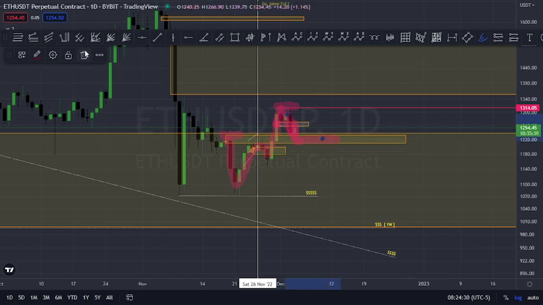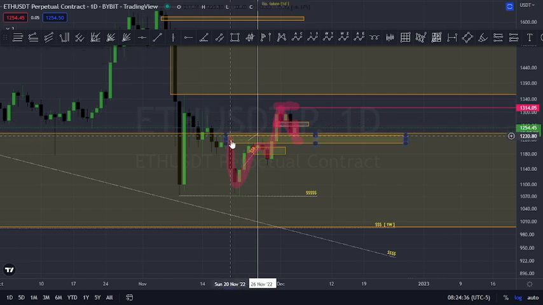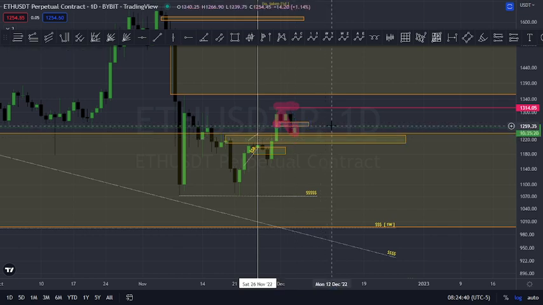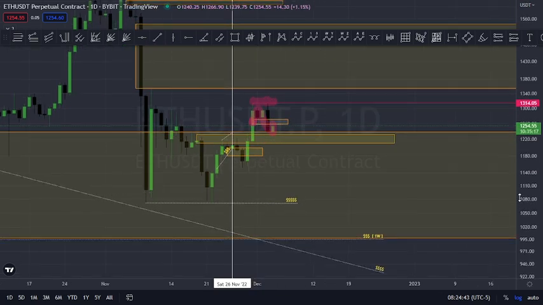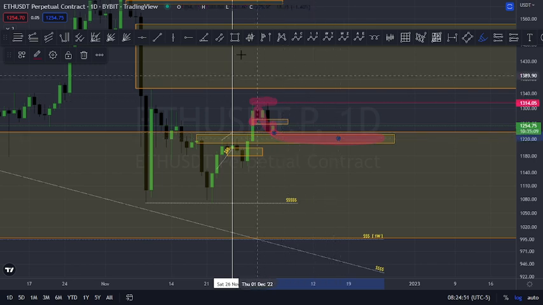So my main target, let me delete this one. I just did this mess to make you understand, guys. I hope you really understand. So my main target is this region, which is the breaker one.